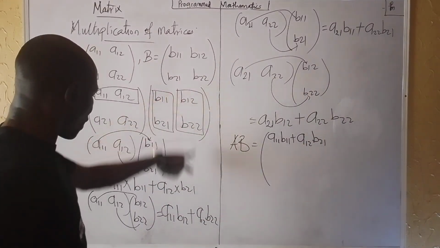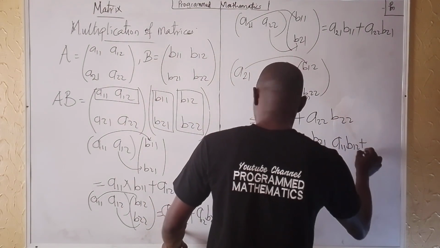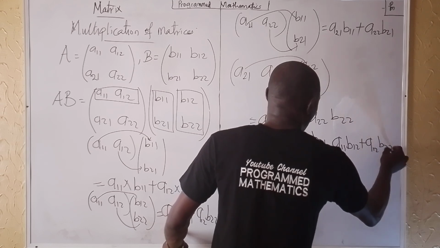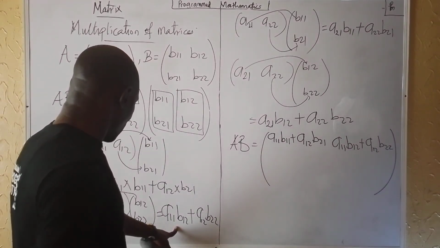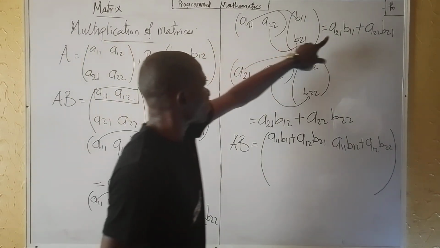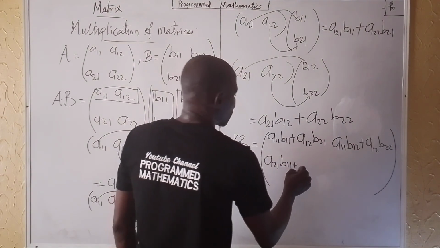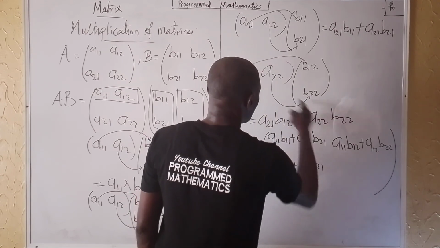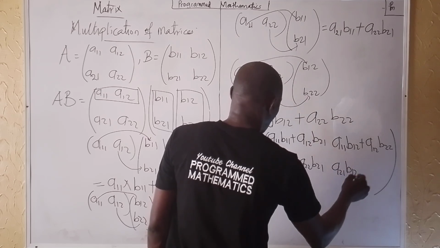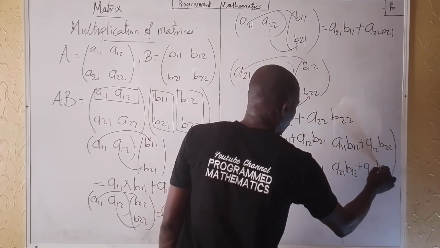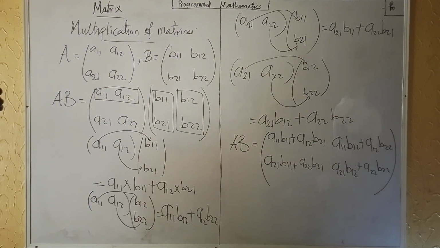Then first row, second column, A11 B12 plus A12 B22. Then second row, first column, we have A21 B11 plus A22 B21. Second row, second column, we have A21 B12 plus A22 B22. So this is how multiplication of matrices is done.